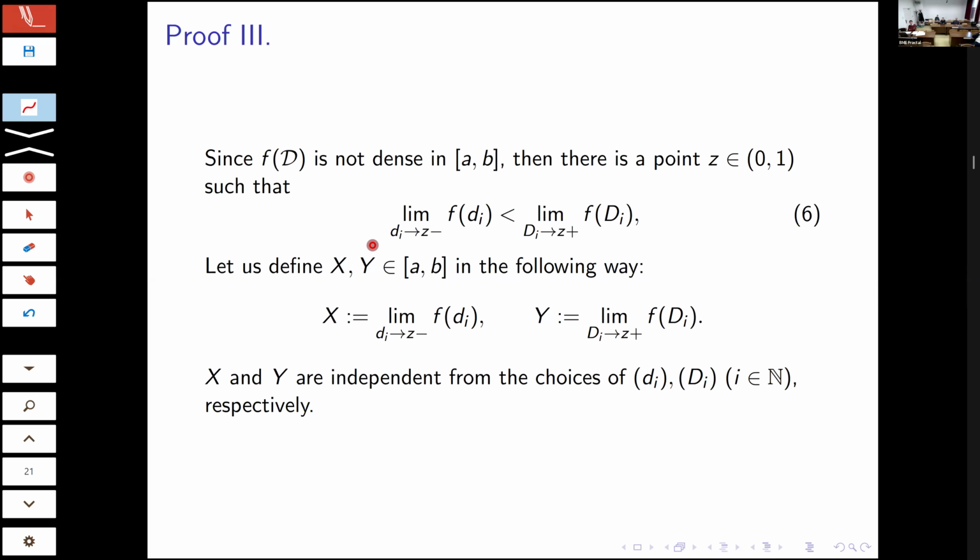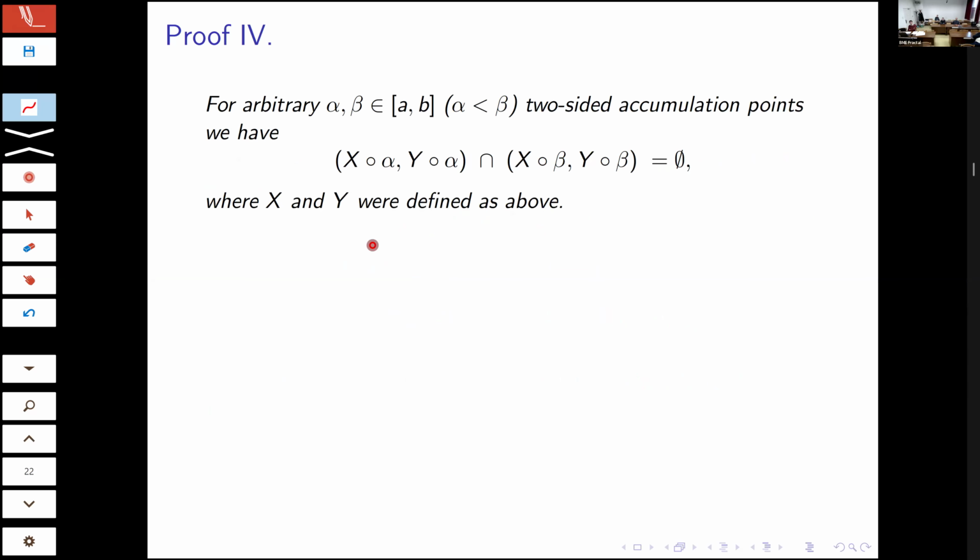Let's call them X and Y, not L and R as now. X and Y are independent of the choice of the dyadic sequence. If you take it from below, then you always get X, and if you take it from above, you always get Y.